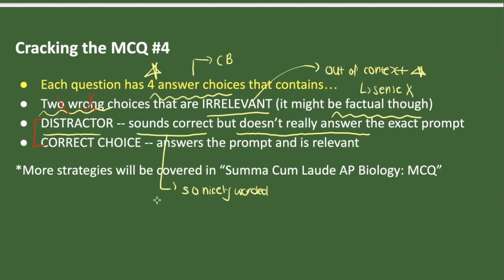Distractors are generally nicely worded so that you're likely going to choose this answer choice, but that's a wrong decision. The distractor generally does not answer the exact prompt. The correct choice, however, answers the prompt and is relevant. So there's this minuscule difference between this distractor and the correct choice.